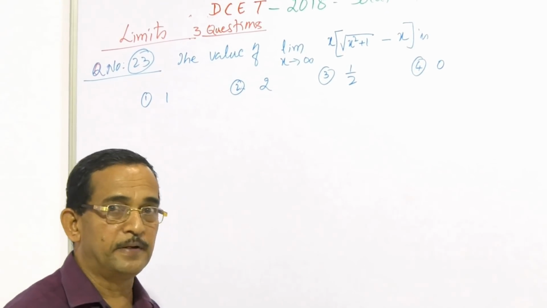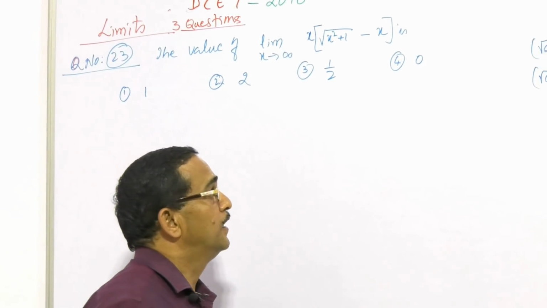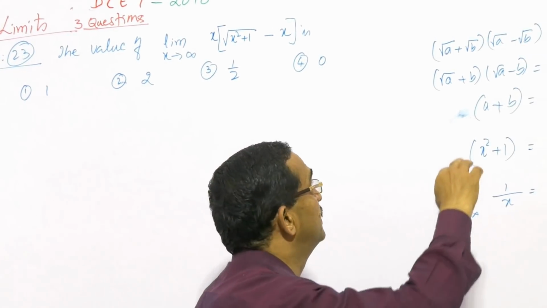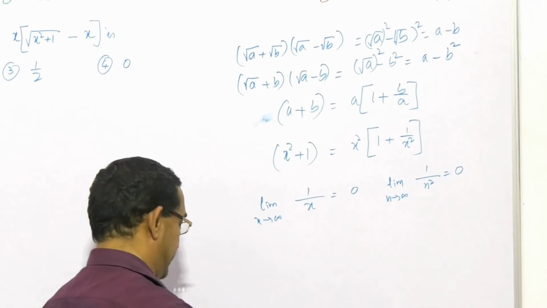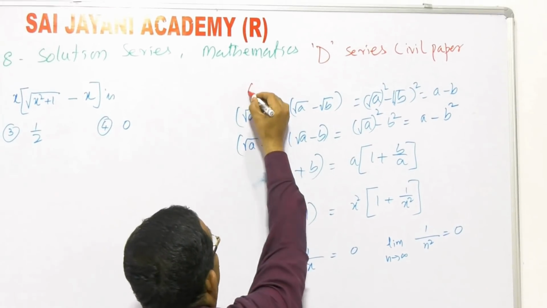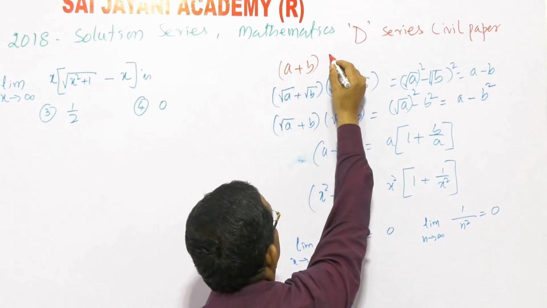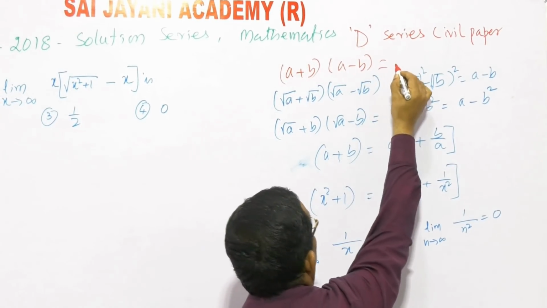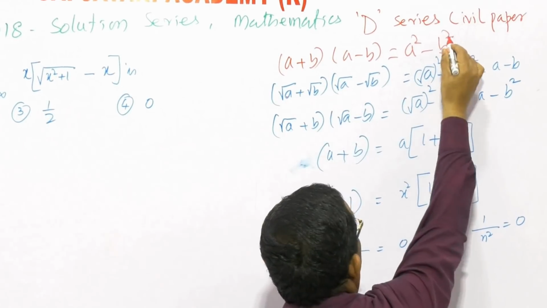While learning limits, first we have to know the formula we have learned so many times: a plus b into a minus b is equal to a squared minus b squared.